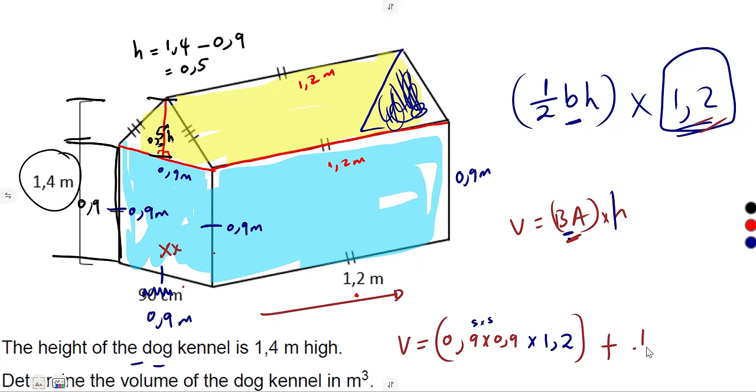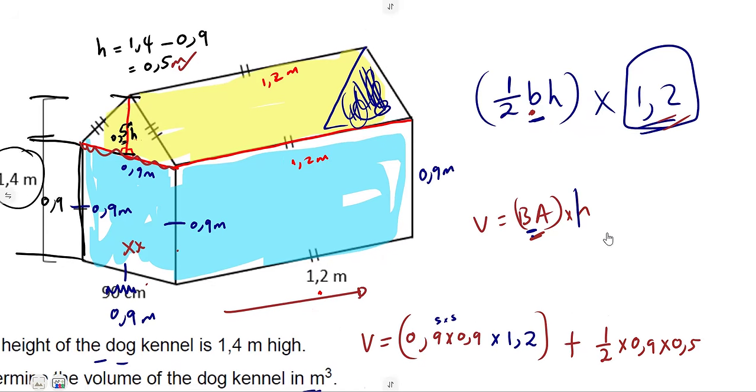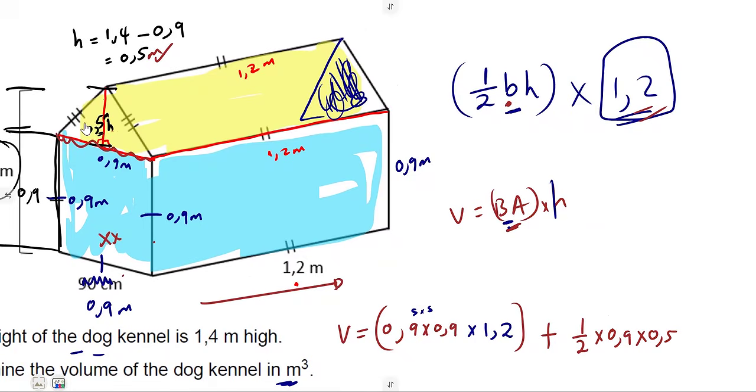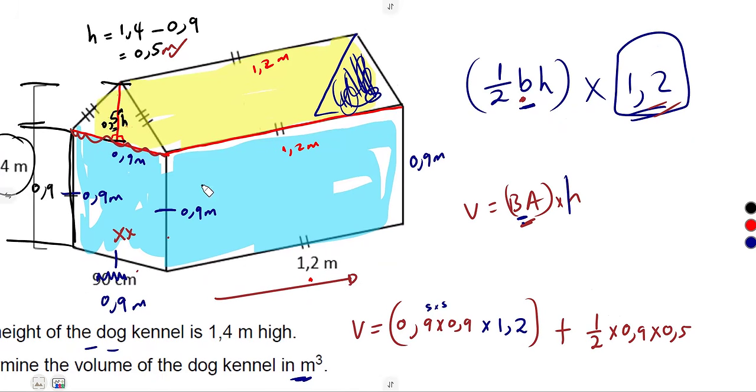So let's substitute: half of what? The base of the triangle, 0,9, its perpendicular height of the triangle, 0,5 meters that we had there, times the height now, which is the length from one shape to another, from this triangle to this one, our 1,2 there. We are done.